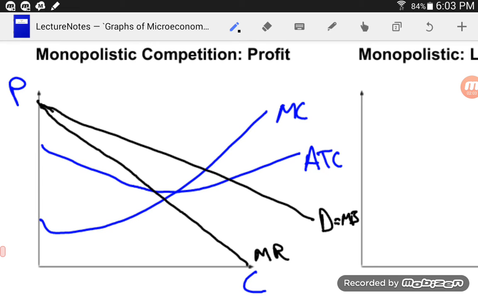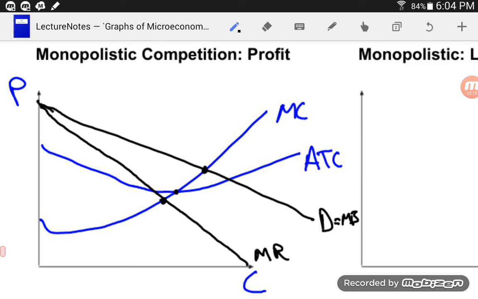And so again, we're going to find that our profit maximizing point is where marginal revenue equals marginal cost, which is not out at that socially efficient point, nor is it at the most productively efficient point, which was that lowest cost.